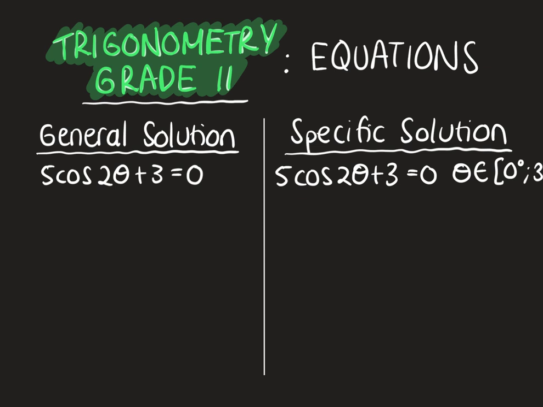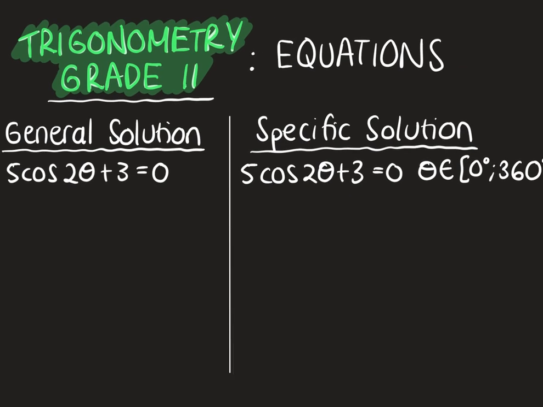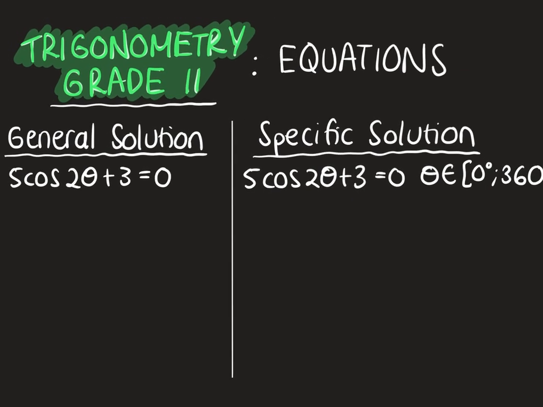Okay. Specific solutions, the difference between the two and where we can notice the difference, and I'm going to highlight it now, is that you notice that here I don't have a domain, but here a domain has been given. So when a domain has been given, it means that we can use that general solution to then solve for specific solutions of the equation. The reason why we need a general solution for trigonometry is because trigonometry functions repeat themselves.